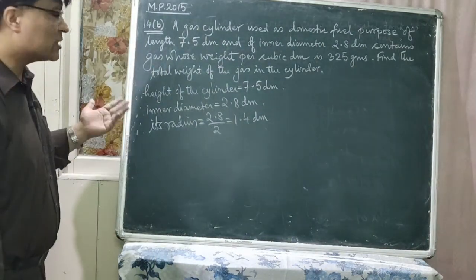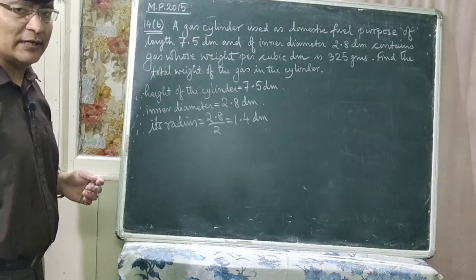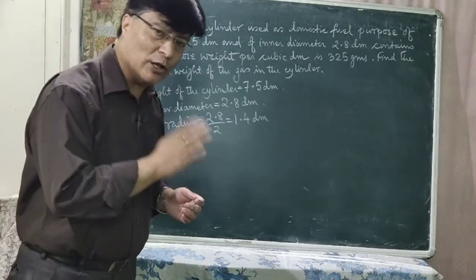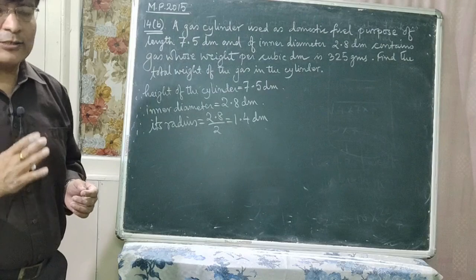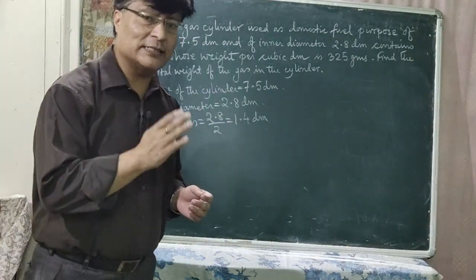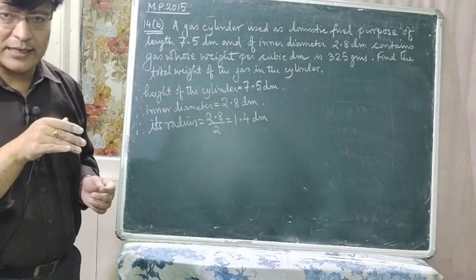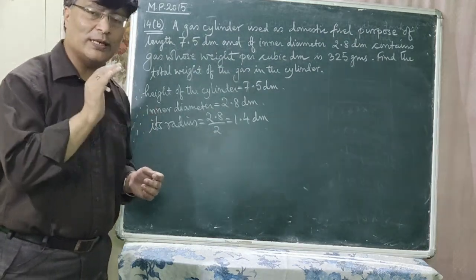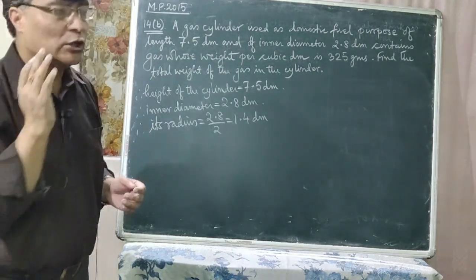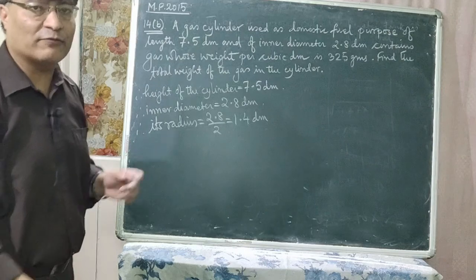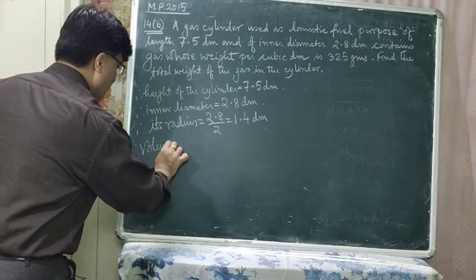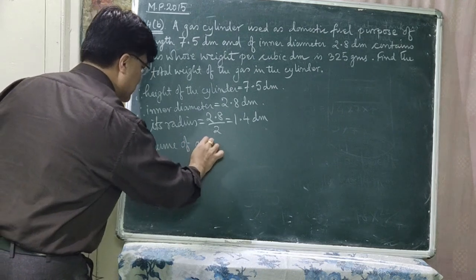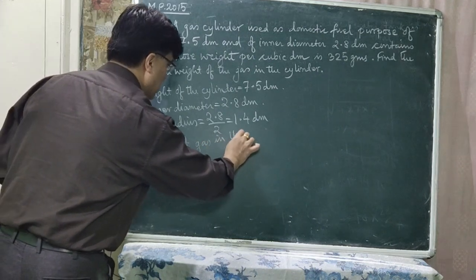Understood? Now let us find out the volume of gas in the cylinder. That gas will also take the shape of the cylinder. When that gas is put inside the cylinder, then that gas will take the shape of the cylinder.